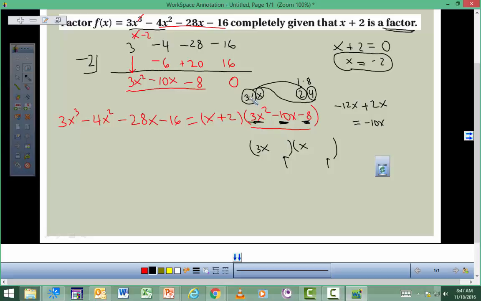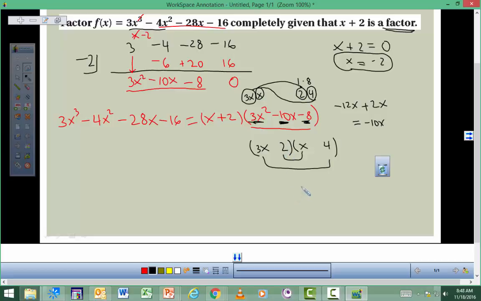And now which number went with the 3? Remember, the inside two go together and the outside two go together. Let me erase that, make it neater. Okay, so here's the little trick. You have to remember these two go together, the outside two go together. So the 3 went with the 4. The x went with the 2.